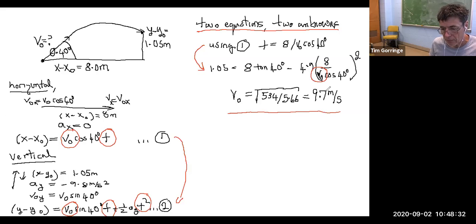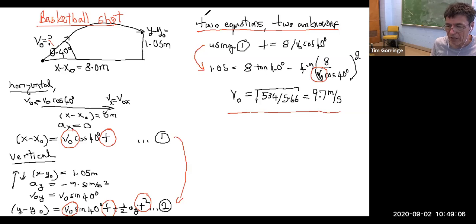So that's quite a sophisticated problem, right? This basketball problem is a sophisticated problem to solve. It's a complicated path that the basketball took. It was a parabola. It was moving both horizontally and vertically.